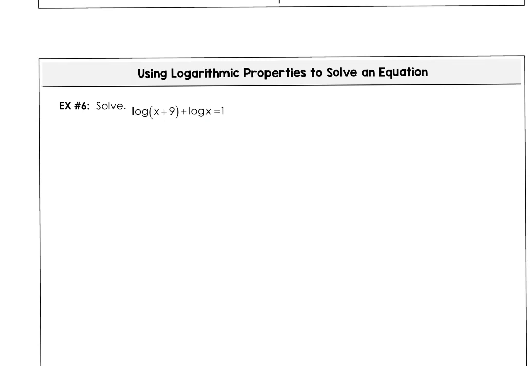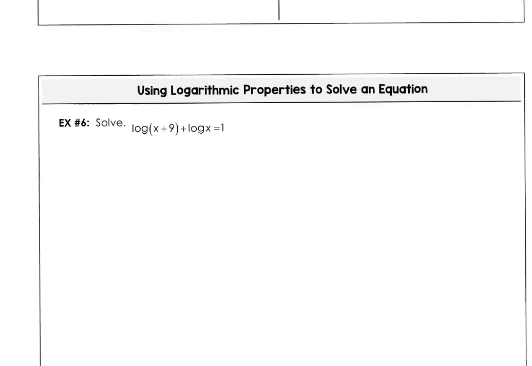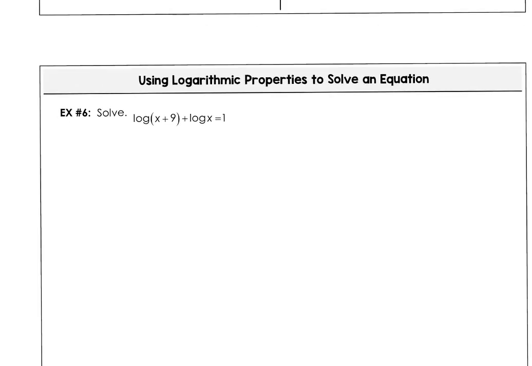Here in our last two examples, we're going to solve using the properties of logs. So in example 6, we've got the log of x plus 9 added to the log of x. And that property, when you have the log of one number added to the log of another number, you can multiply the two numbers together to combine the logs.